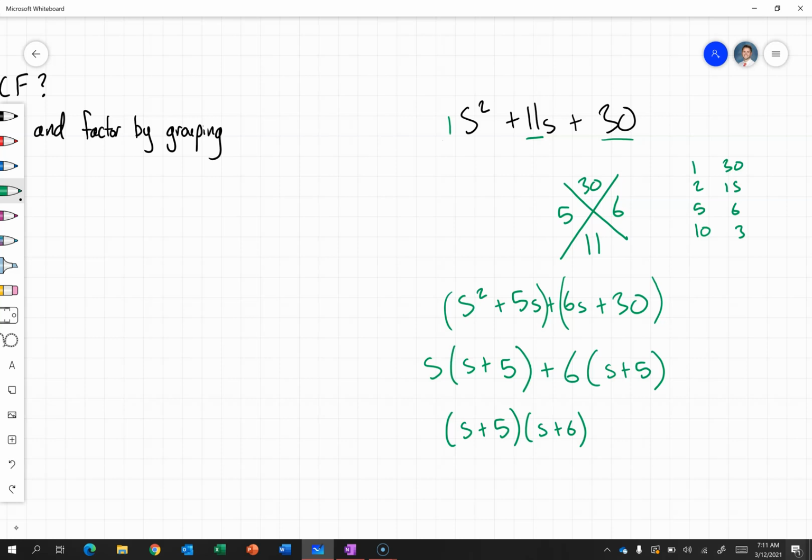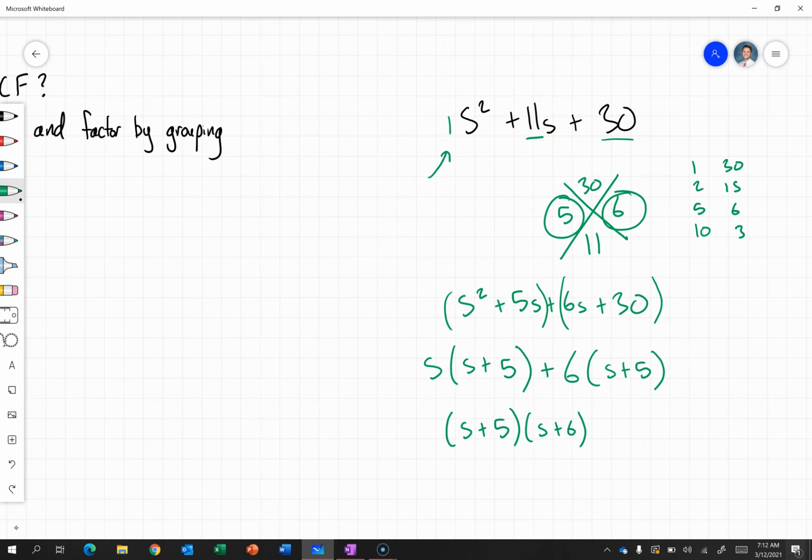Okay, so what I do want you to see here, when we have a polynomial where our a, right, that's this coefficient, is 1, you'll probably notice when we did our diamond, we had 5 and 6. So you can actually know when this is just 1, right? When this is s squared or x squared or b squared or y squared, okay?